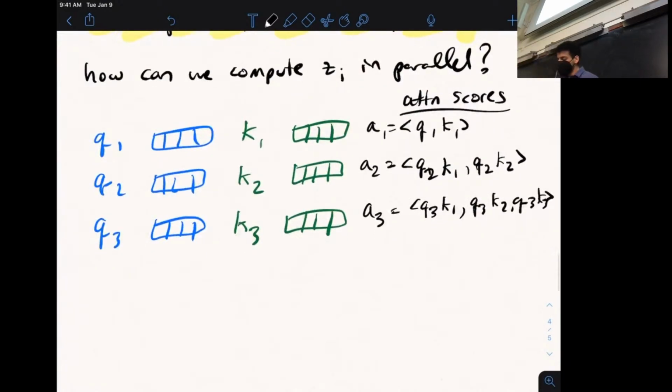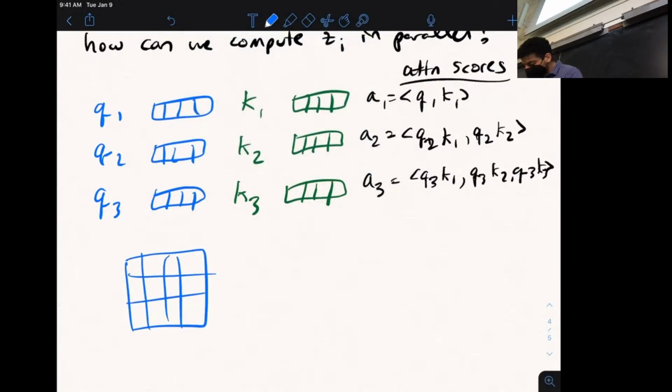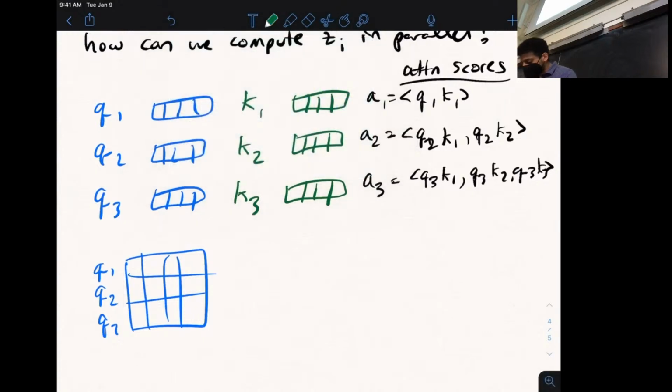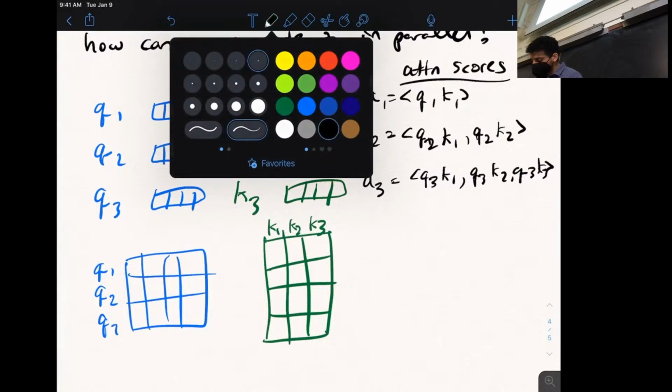So if you imagine putting these things into matrices, I have a matrix here, Q1, Q2, and each row of this matrix is one of my query vectors, and I have a matrix of my keys, where the keys are columns. And I do this matrix product here.